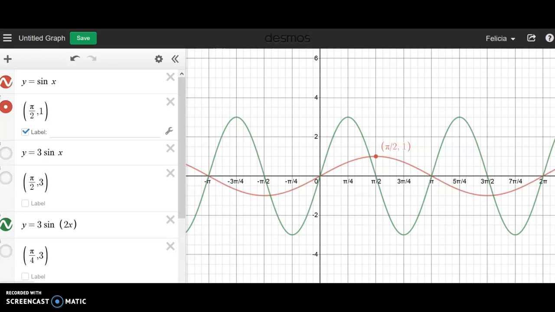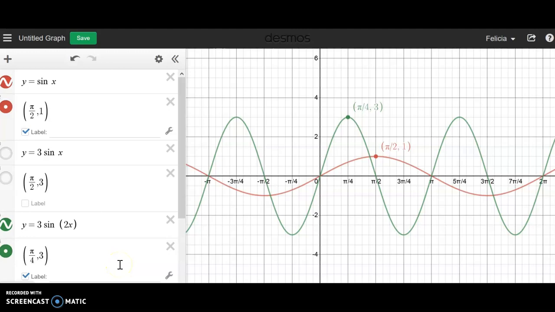One cycle the graph goes from 0 to pi, and then the second cycle goes from pi to 2 pi. And if we take a look at that point, the one we started with, pi over 2 comma 1, we had multiplied it by a y value of 3 initially. And now take a look at our new point here. This one is the point pi over 4 comma 3.